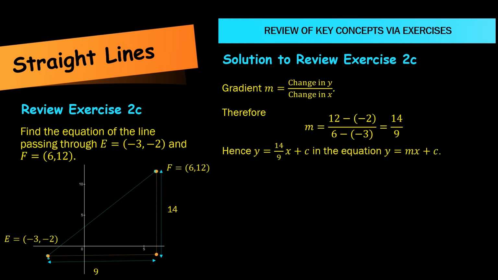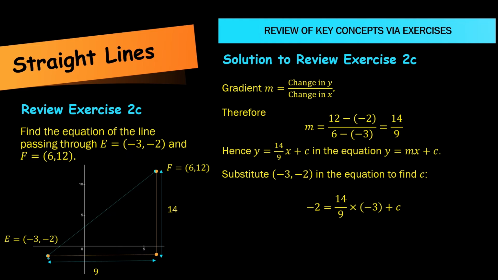We will now substitute one of the coordinates on the line, (-3, -2), in the equation to find c. So -2 equals 14/9 times -3 plus c, as shown. Rearranging gives us that c equals -2 plus 14/3.